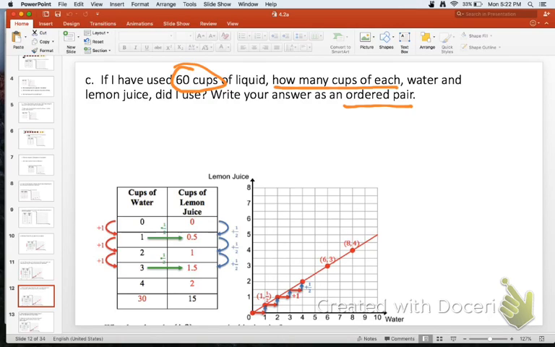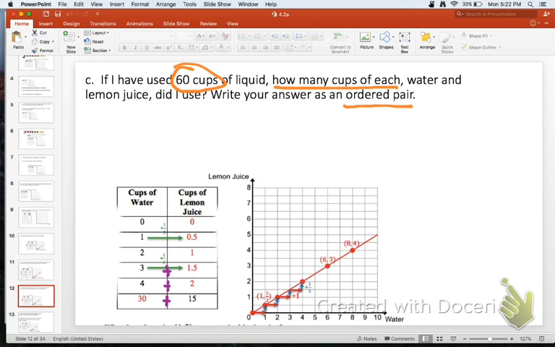It doesn't matter if the cups are lemon juice or if the cups are water. I need a total of 60 cups. So that means I'm going to add the amount of water to the amount of lemon juice to come up with some type of total.